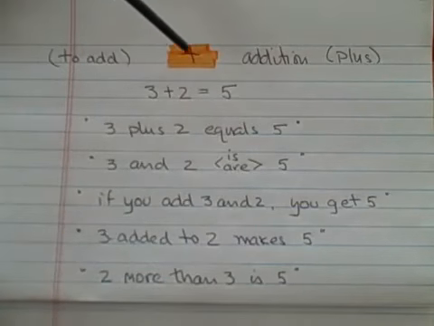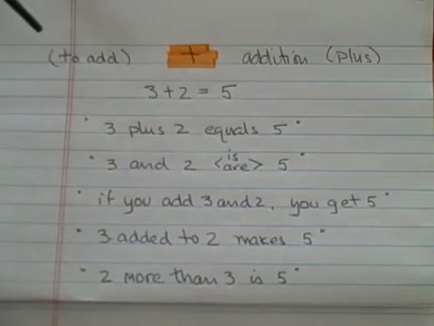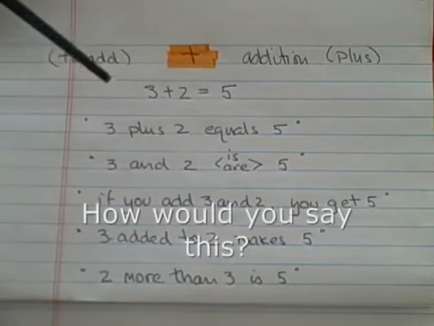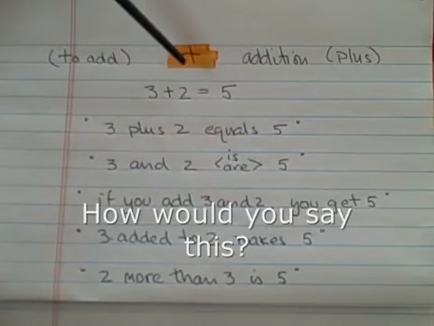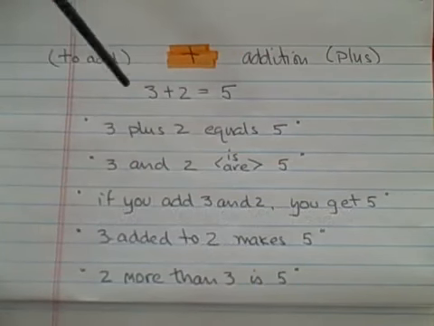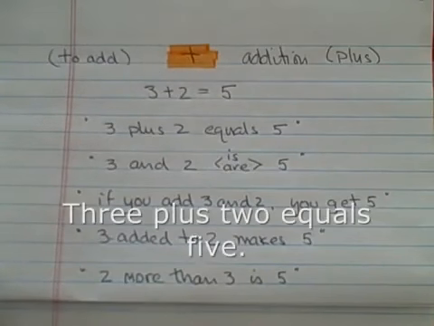So this is the addition sign or the plus sign, and it means to add something together. So how would you say this process? You could say 3 plus 2 equals 5.